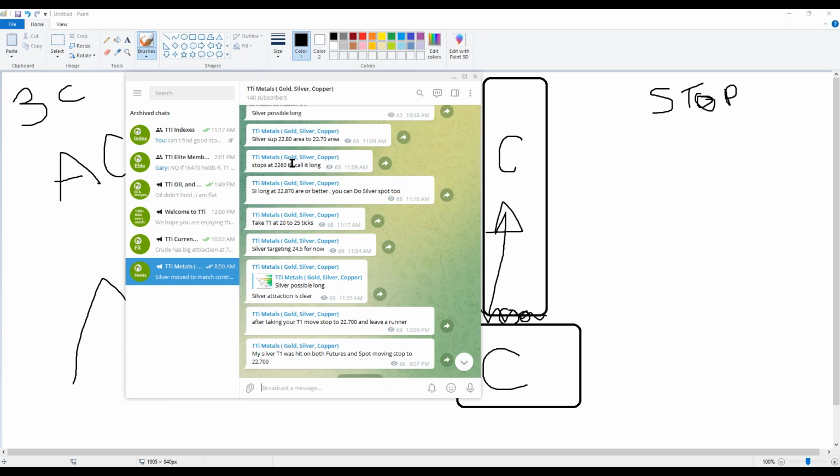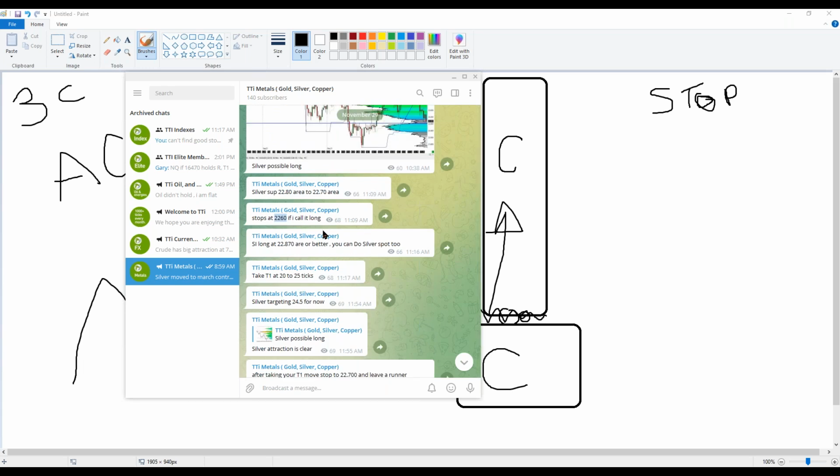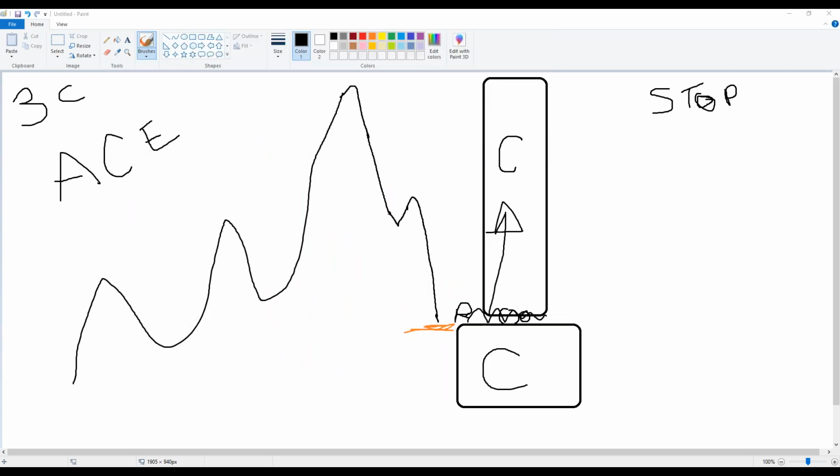That's on silver. So folks, I have not even called it long yet. You understand? This was, when was this? November 29th, basically 2 days ago. I said silver is long. If I call it long, my stop loss will be 2260. So I'm calling the stop loss ahead of my long call.